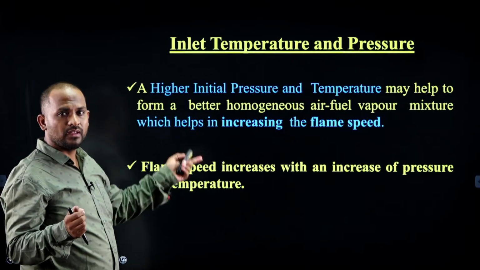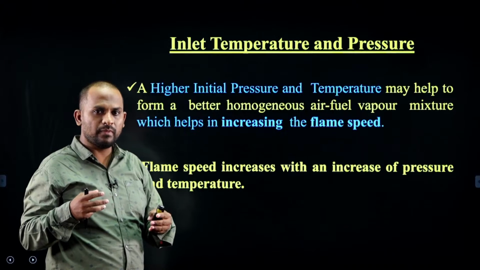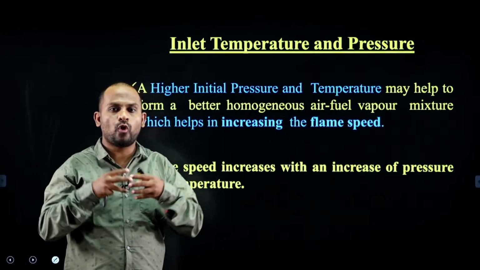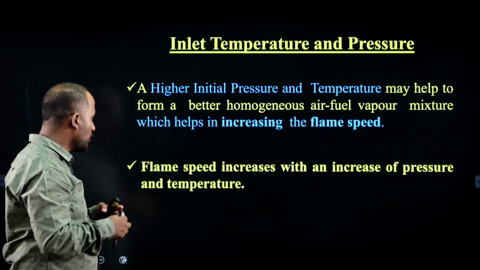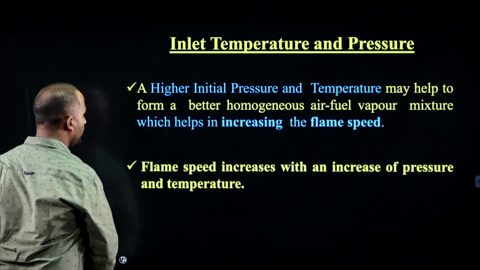Now comes the intake temperature and pressure. When the intake temperature and pressure are higher, proper mixing of air and fuel takes place. Because of that proper mixing, we are able to increase the flame speed.